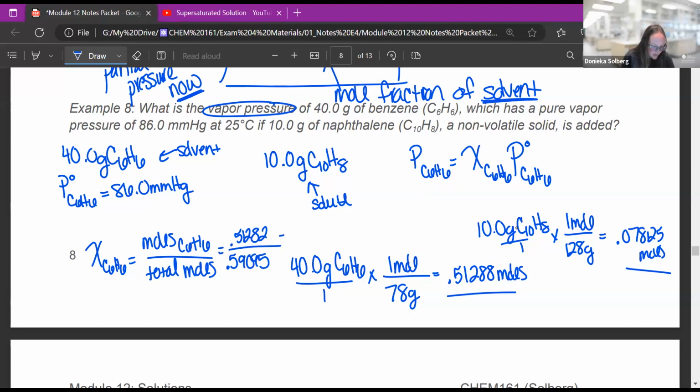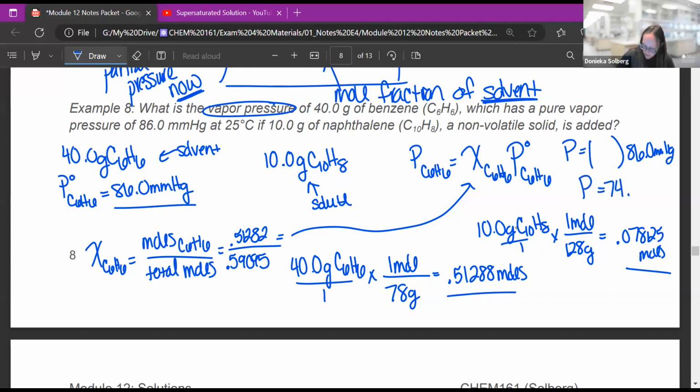Whatever that equals goes there, and this goes right here. So my new partial pressure is that mole fraction times 86 millimeters of mercury. So my new pressure is 74.6 millimeters of mercury.